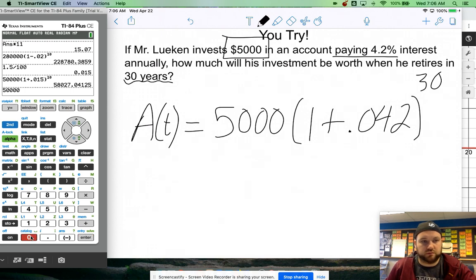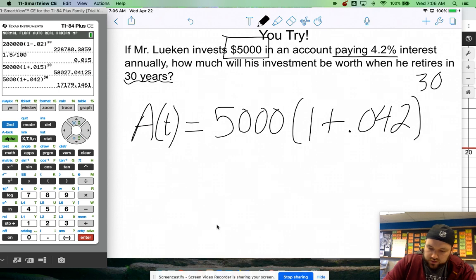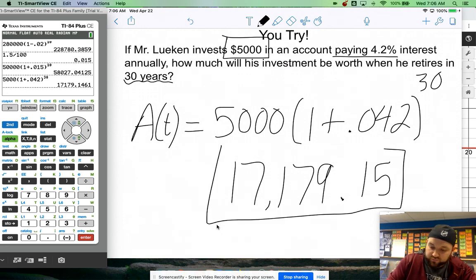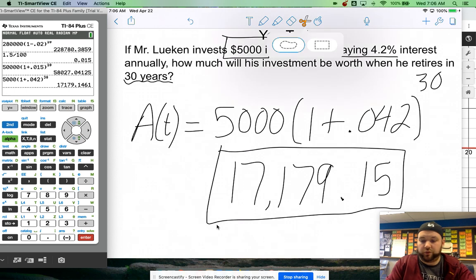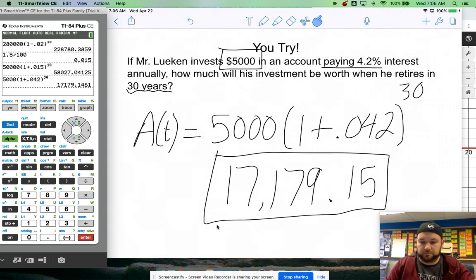So 5,000 times 1 plus 0.042 raised to the 30th. Now, since we're talking money, we're going to round to the nearest cent. So it's $17,179.15, which isn't bad considering I only put $5,000 in. Not only, but if you can triple your money and then some, it's not a bad deal.